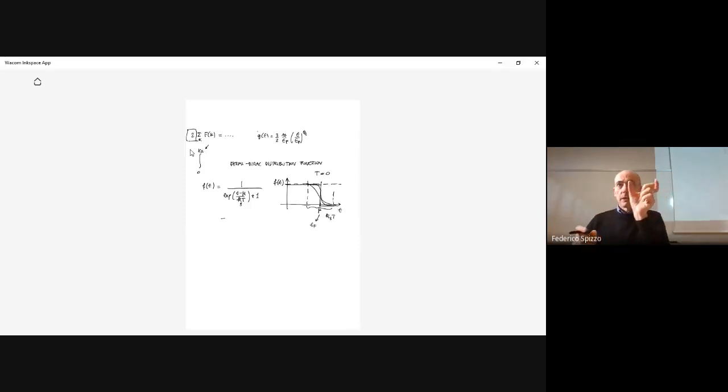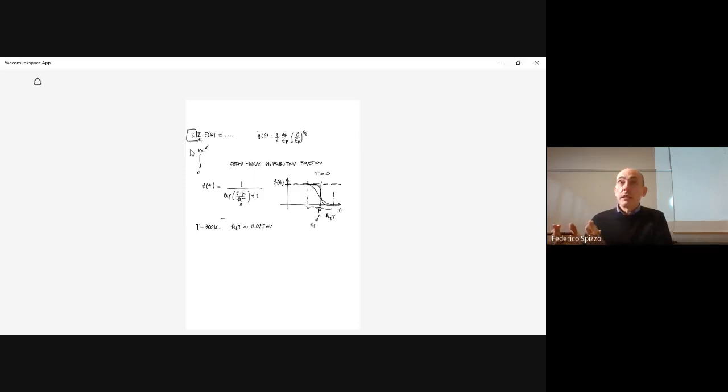So the interval where the function starts from 1 and drops then to 0, when T is different from 0, is of the order of kBT. If, for instance, we fix T equal to 300 Kelvin, just to make an evaluation, we have that kBT is of the order of 0.025 eV, just to have an estimate of the width of the range where we have this change from 1 to 0 concerning the average occupancy of the levels.